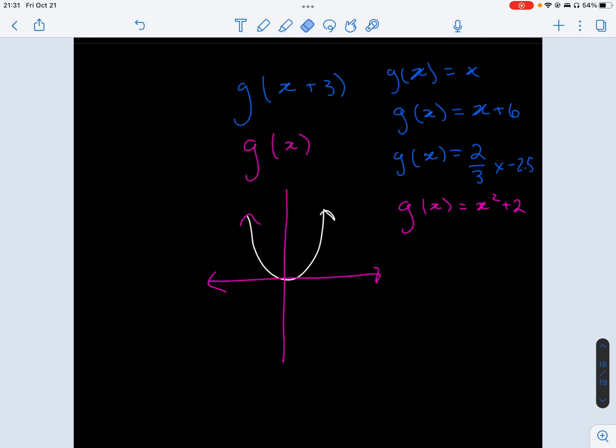If g of x is this curve right here, then the plus 3 here is going to make your function act like the one that is actually 3 units to the right.